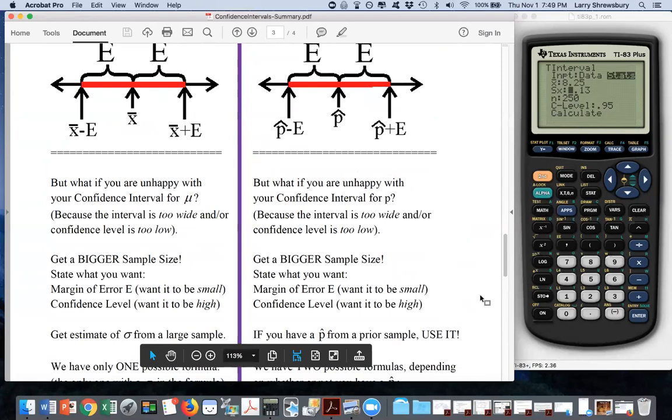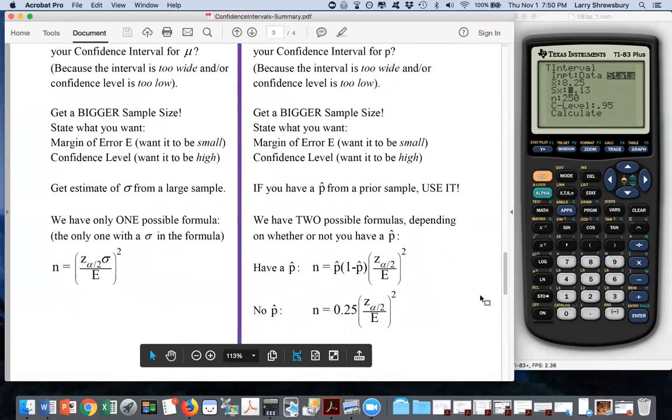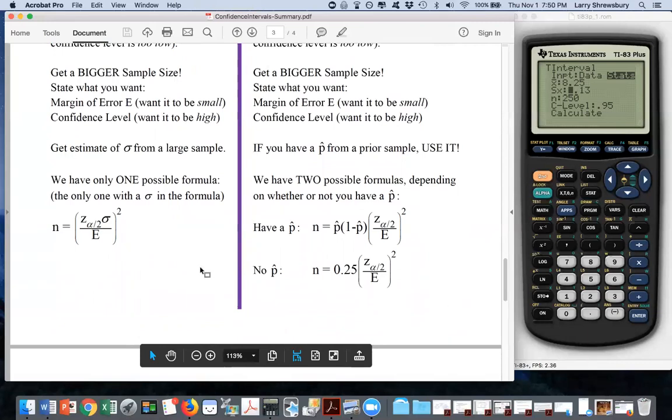Getting a bigger sample size makes everything better for a confidence interval. Now, there's two things that get better. The interval will get narrower. In other words, the margin of error will be smaller. Remember, that's the equal distance you go above and below. Well, if you're not going as far, you got a narrower interval, and that's a good thing to have things narrow down.